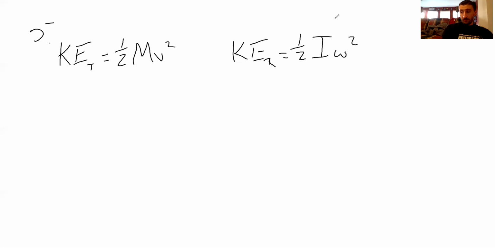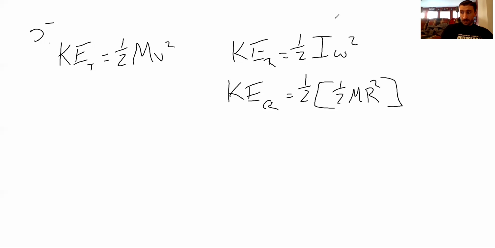Now, let's go ahead and plug in for all this stuff here. Rotational equals 1/2. I is going to equal 1/2 m r squared, and omega squared, you have to remember that's squared, is going to equal v squared over r squared.